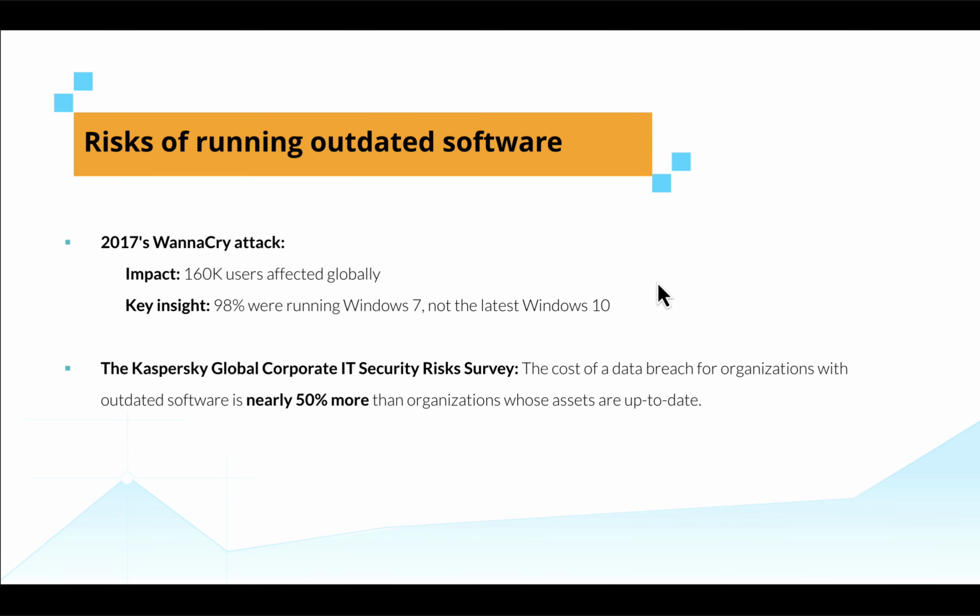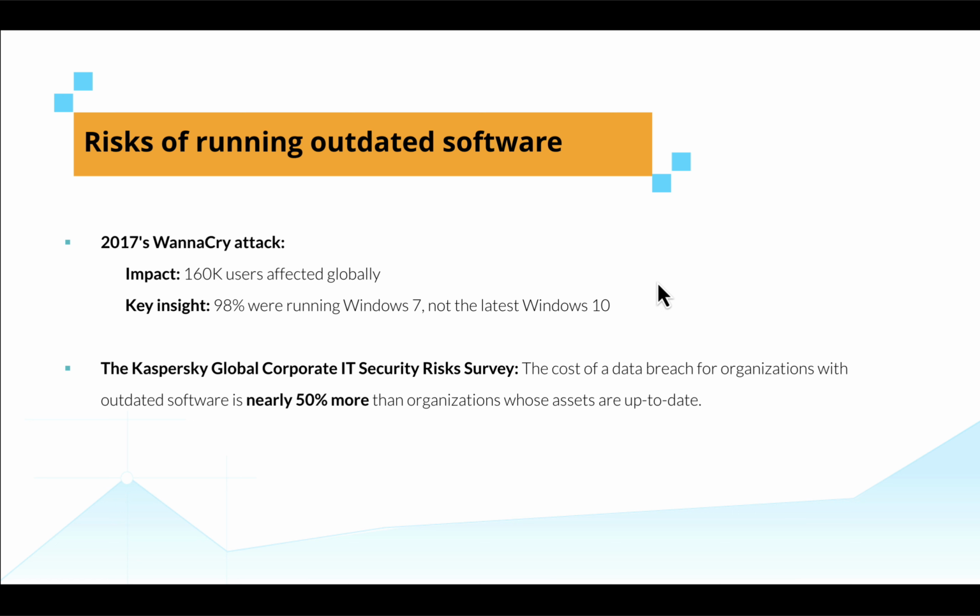We all remember the WannaCry attack from 2017, which impacted around 160,000 users around the world. What most don't know is that 98% of these users were running the Windows 7 operating system instead of the latest available version at the time, Windows 10, which paved the way for the widespread nature of this attack.